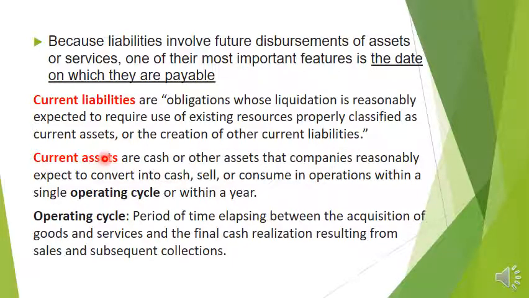Current assets are cash or other assets that companies reasonably expect to convert into cash, sell, or consume in operations within a single operating cycle or within a year. An operating cycle is the period of time elapsing between the acquisition of goods and services and the final cash realization resulting from sales and the subsequent collections.